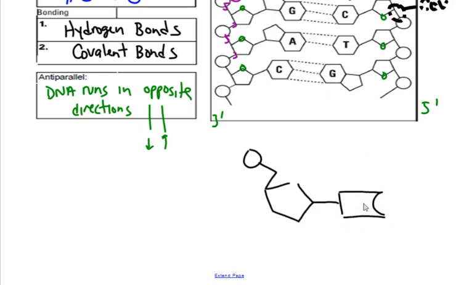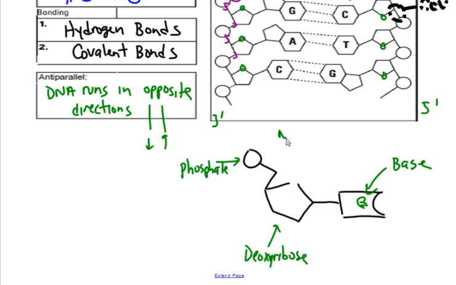I'm just going to say this is a G, or a C, or a G, whichever. That is our nitrogen base. Remember, this is your phosphate, and this is deoxyribose. The three things that make up a nucleotide, the monomer of a nucleic acid.